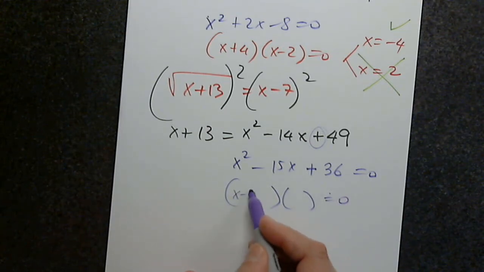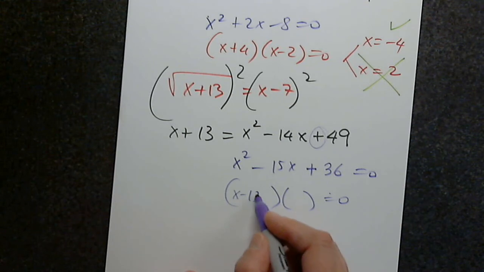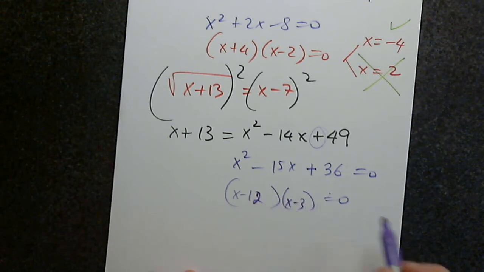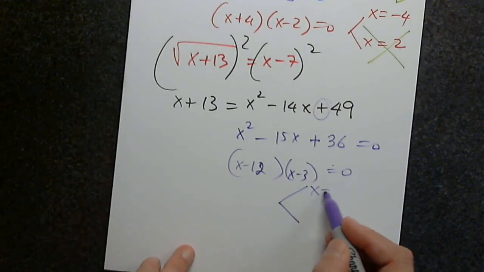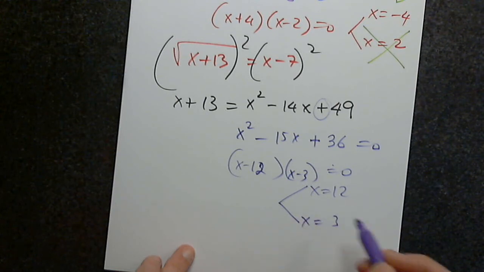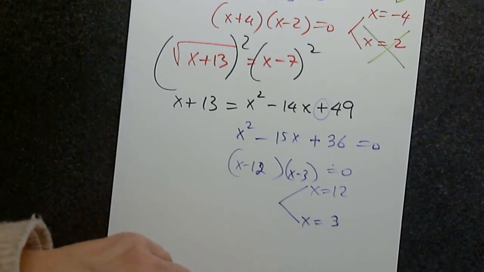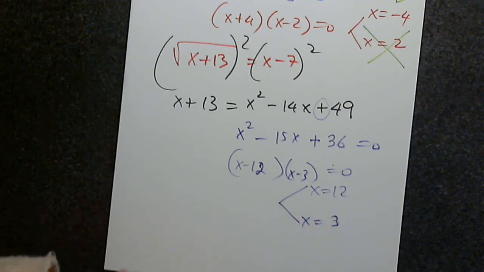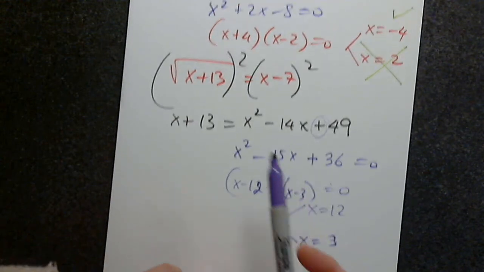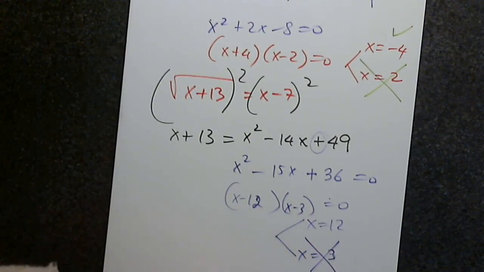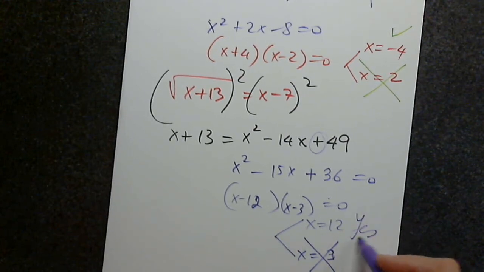It's x minus 3 and x minus 12. History repeats itself. Sorry. So when we plug in 3, it's not going to work because the right-hand side will be negative. But when we plug in 12, we get 5 on the left and 5 on the right, so we will say yes.